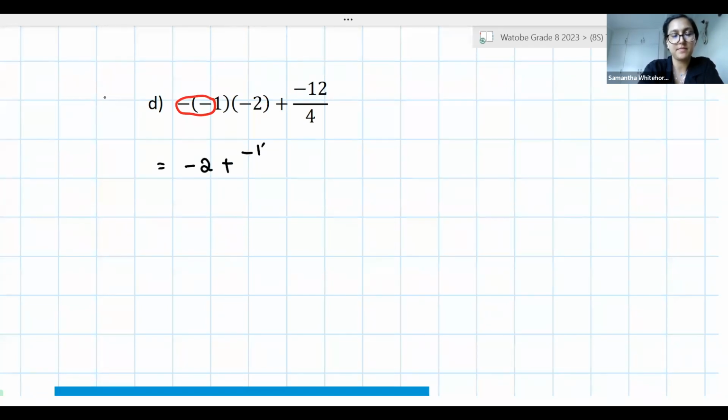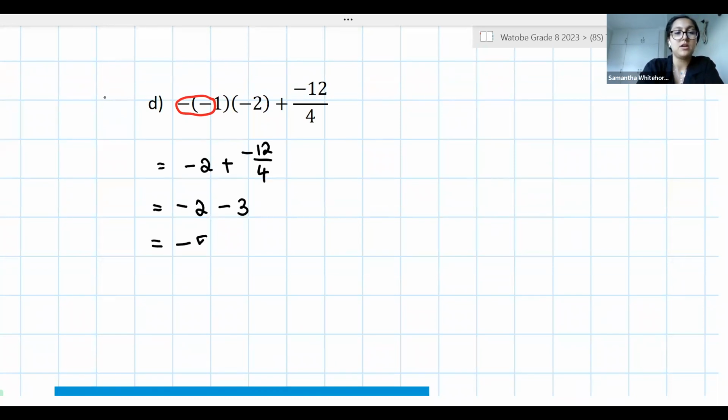Okay. And then you're going to say -12 divided by 4 minus 2. What is negative 12 divided by 4? It's -3 minus 2, and your answer would be -5.